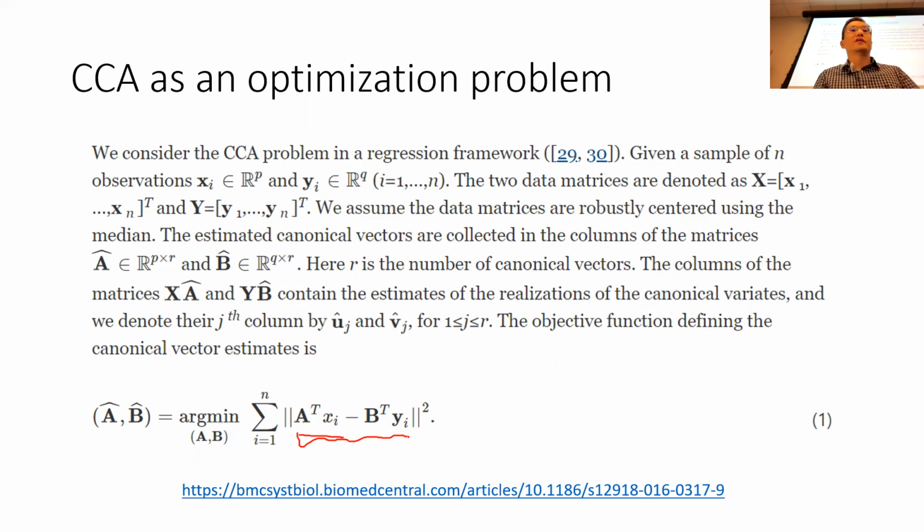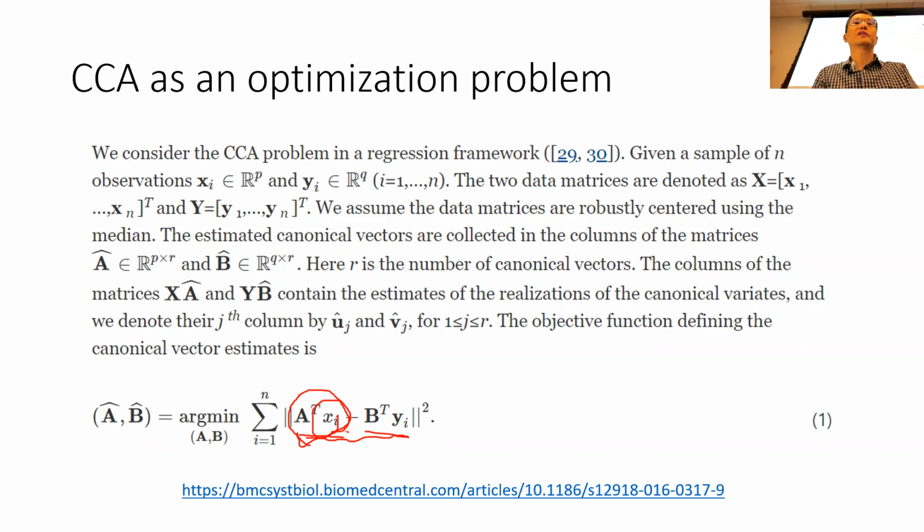I hope you can read this right now after those weeks. So this is to use A as a rotation matrix to rotate X data. And then here you use B as a rotation matrix to rotate Y. X and Y are the two input data.